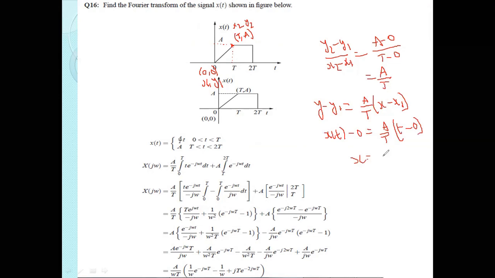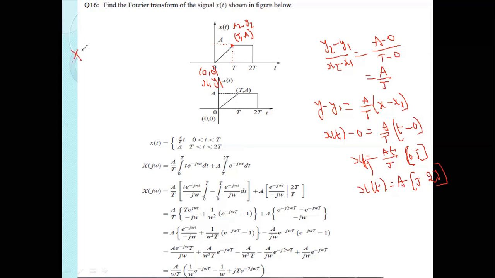So x of t is equal to A small t by the capital T in the range of 0 to T. In the interval of 0 to T, x of t is equal to that. Another x of t is equal to A in the range of T to 2T. So using these two equations of x of t, find the Fourier transformation of the given graphical representation.